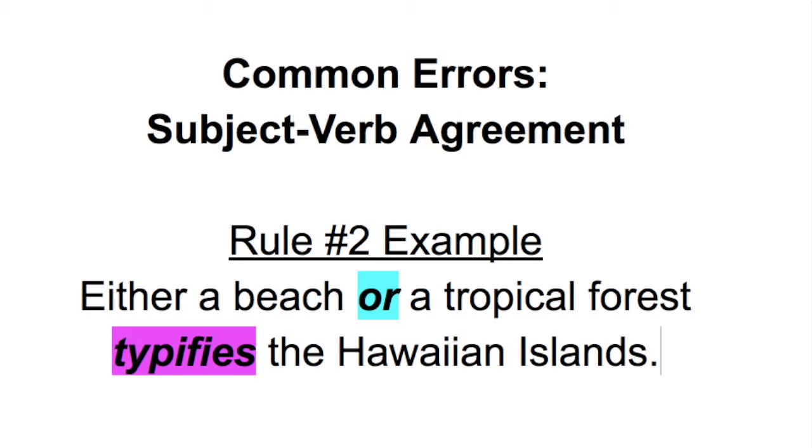Now, in that compound subject, which subject is closest to the verb typifies? It would be a tropical forest. So it's almost like you just cover up everything before a tropical forest, and you act like that's your complete sentence. A tropical forest typifies the Hawaiian Islands. So because we're just talking about one, a tropical forest, we have to make sure that that verb agrees. So we have to add that S to the verb.